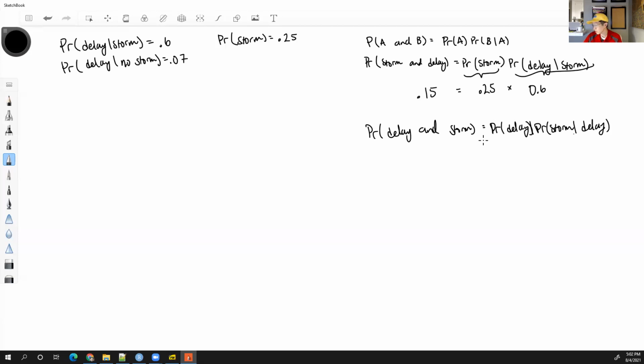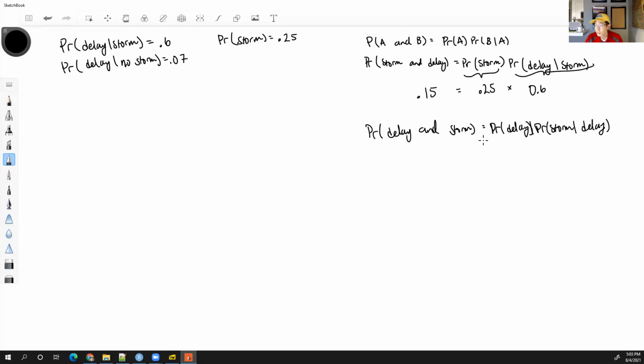This is equally valid, except you'd ask what's the probability of the delay? That information doesn't exist here in this table. And what's the probability of storm given delay? That information also doesn't exist. So you'll get stuck if you switch delay and storm, because you won't have a number to put here.